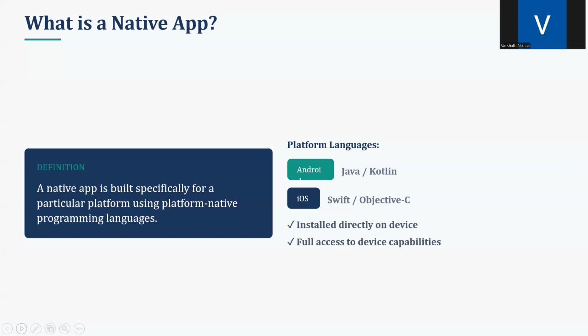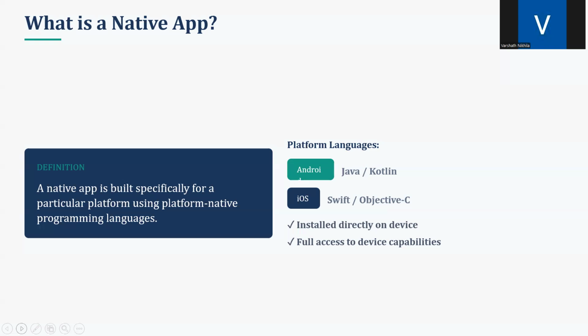A native app is developed specifically for one operating system. For example, Android apps are developed in Java and or Kotlin languages. iOS apps use Swift or Objective-C. These apps are compiled directly into machine code, which allows them to run faster, use memory efficiently, and interact directly with the hardware.